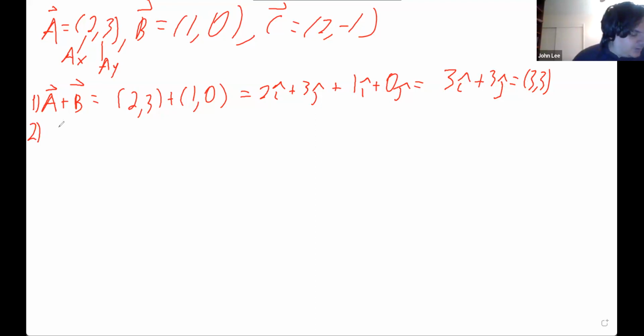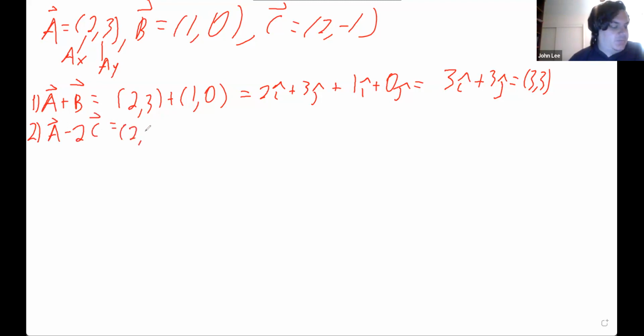So the second problem, with the same sort of thing, is going to be A minus 2C. And I think this is actually all that's really necessary to do.